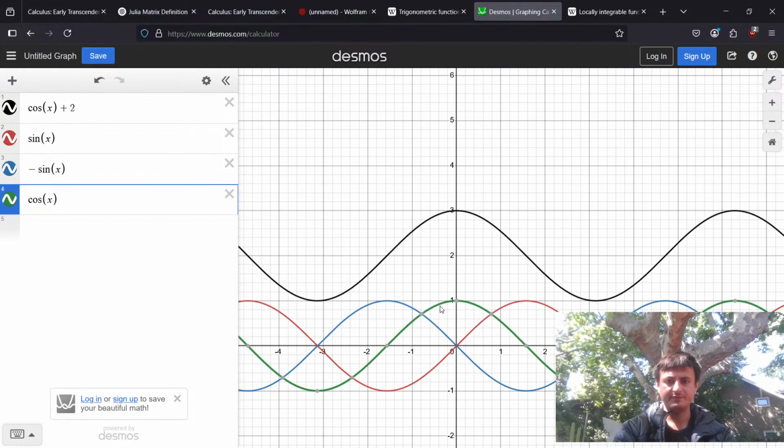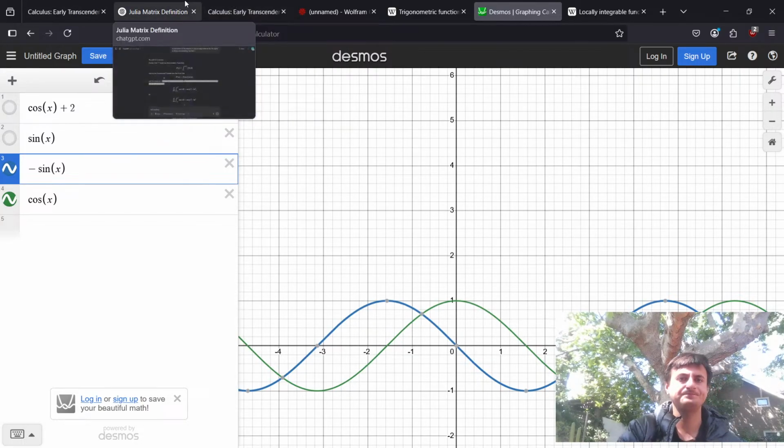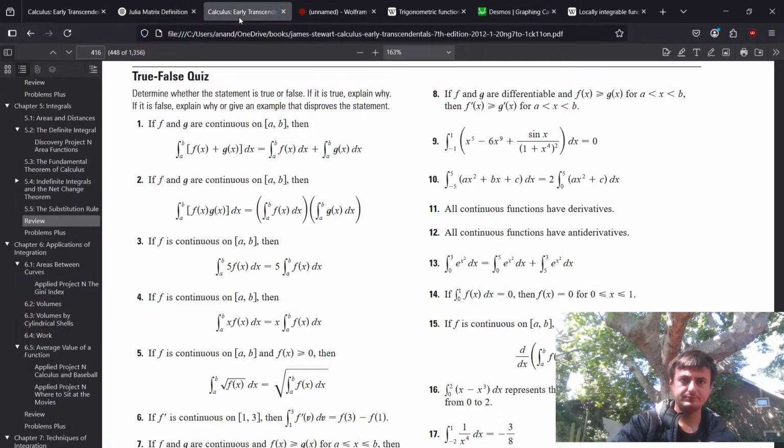So f prime is minus sine, g is sine, g prime is cos. There are points when g prime is above f prime, so that's not true. So that one is false.